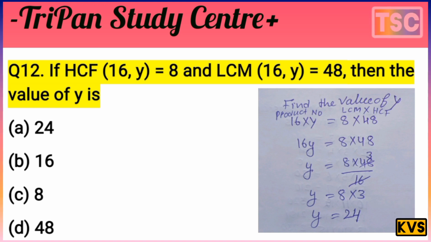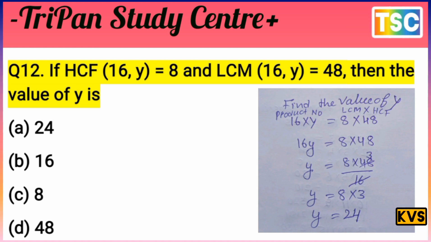16 plus y equal to 48 into 8 is wrong, but 16 into y is equal to 48 into 8. That is right.